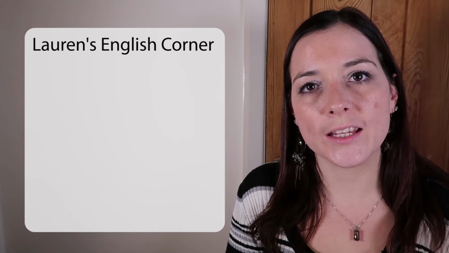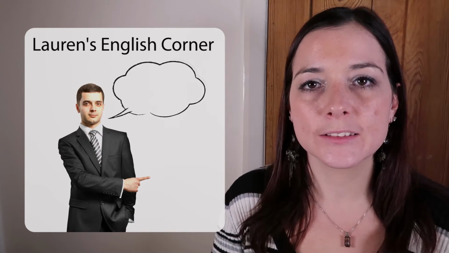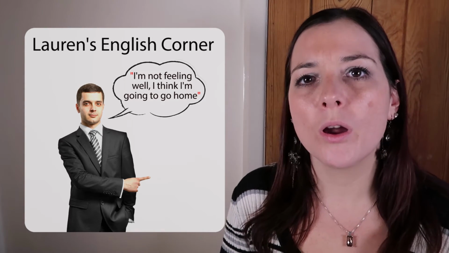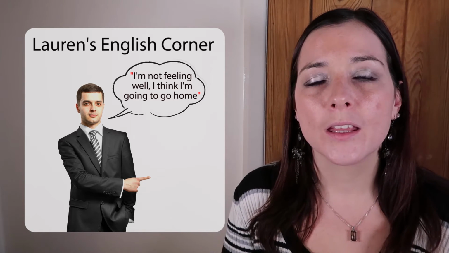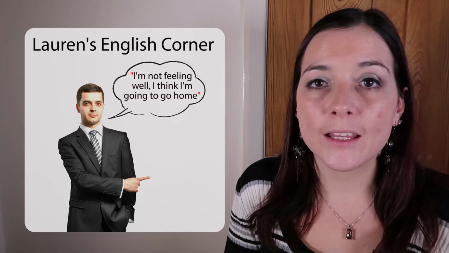So let's look at an example. If my friend Peter says in direct speech, "I'm not feeling well, I think I'm going to go home." Now the direct speech, people use I and we.